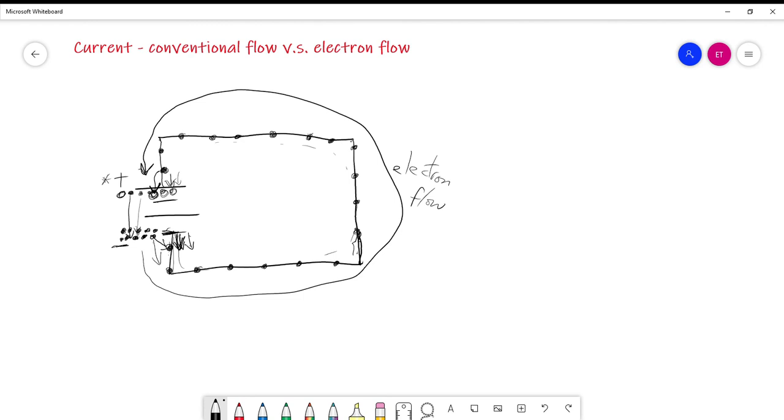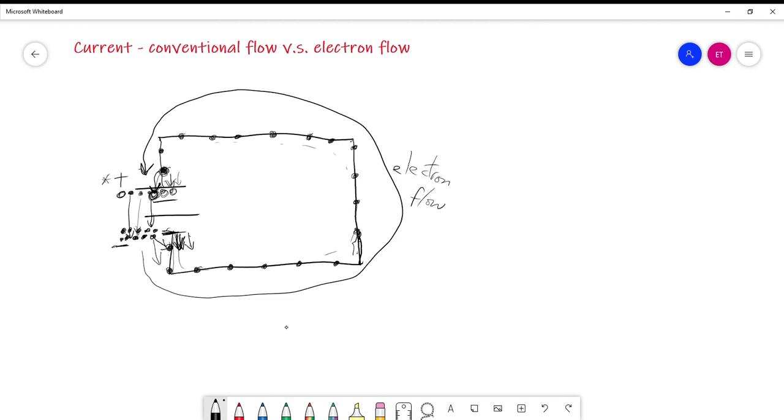Do you see that this negatively charged electron here will be attracted to this positive charged area? In fact, it'll drop right into that spot to fill that hole that was left by the electron that was pulled away down to here. So an electron will drop in there.